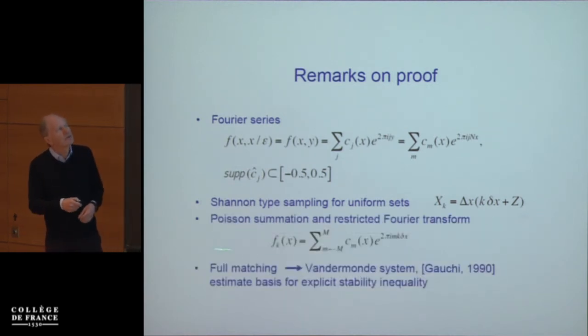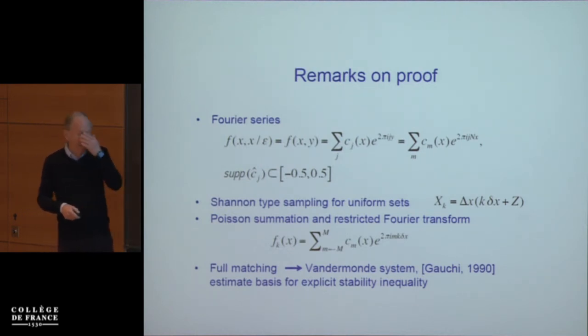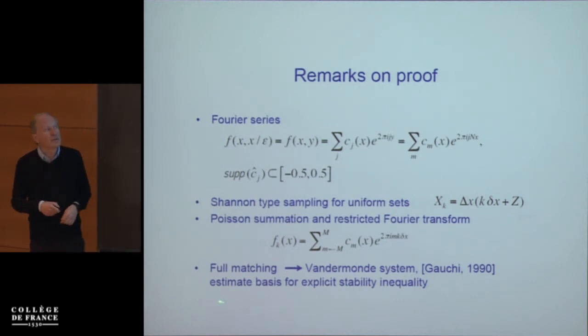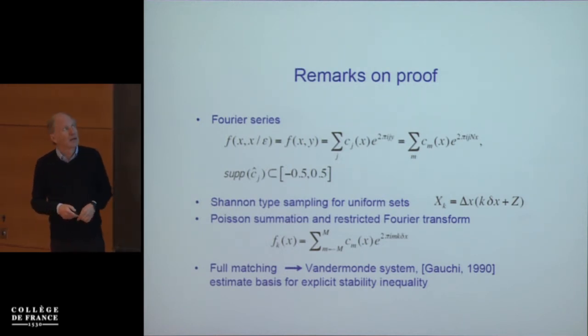And then you restrict the Fourier series, then you can do that for all of these shifts that are involved. So you have a number of shifts that resolves a periodic part of these things, and then you combine them in order to do all of these points. You get a van der Monde system, and you can use estimates that exist for van der Monde systems to get the stability results and the final proof in this case.